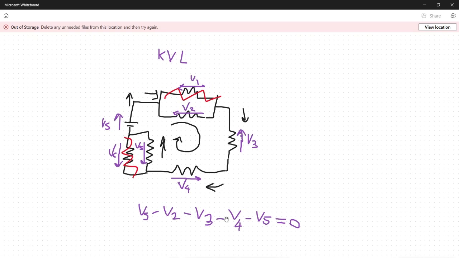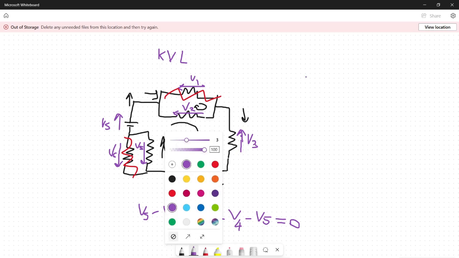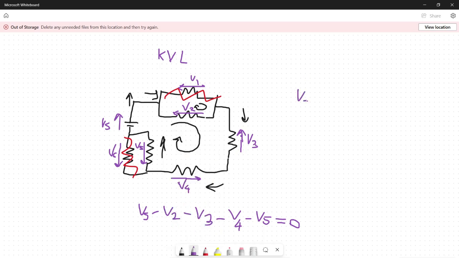Like if we were to take a look at the loop V1 and V2, you notice V2 follows the direction while V1 doesn't, which gives us 0. And therefore V2 is equal to V1, which is true for a parallel circuit.